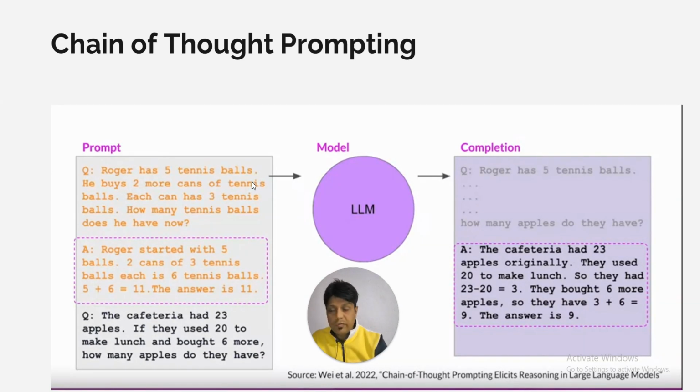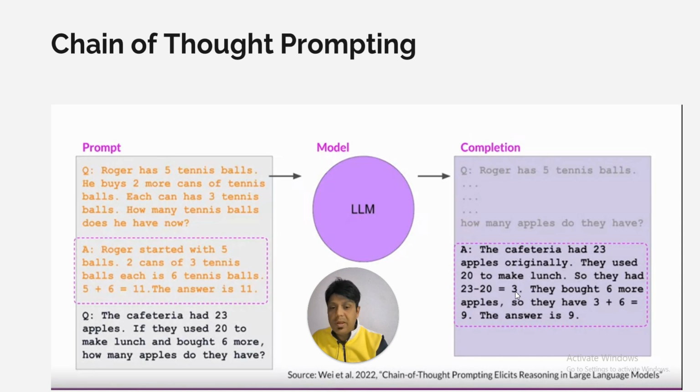Now let's understand this. We give the same problem, but here we specify steps. Roger started with 5 balls, 2 cans of 3 tennis balls, which is 6, and then 5 plus 6 equals 11. So the answer is 11. And now if you give the same problem which we gave earlier, you can see the model has started doing the same thing. It has answered in steps. The first step: the cafeteria had 23 apples originally.